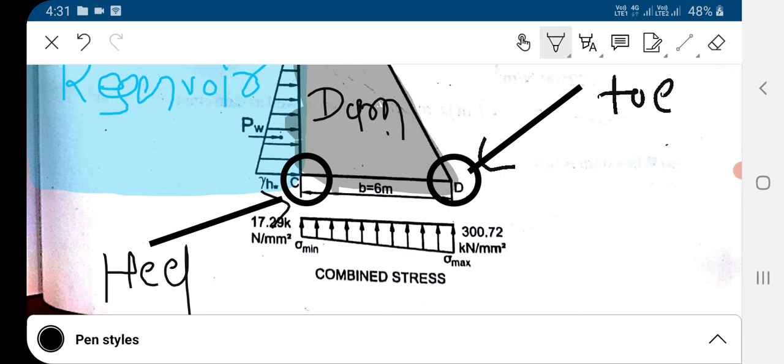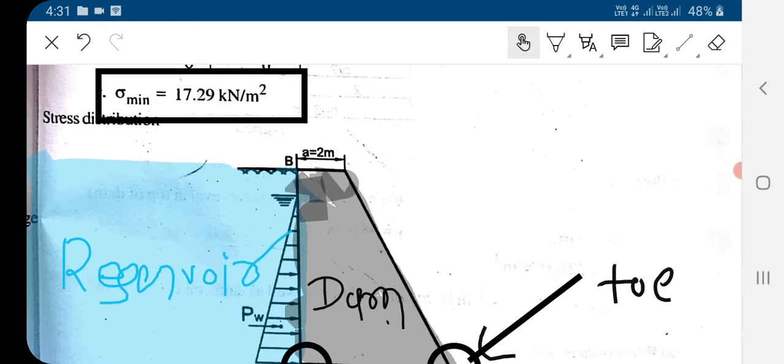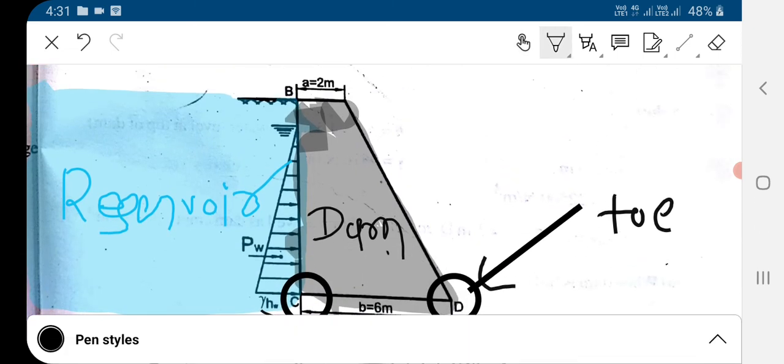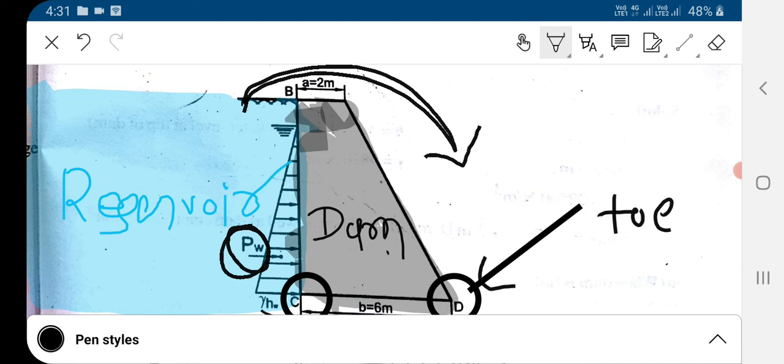So now the maximum pressure is acting at which point, heel or toe, that we need to know. So what happens generally, this water pressure PW is acting here, and it tries to overturn this dam about this point that is known as the toe.